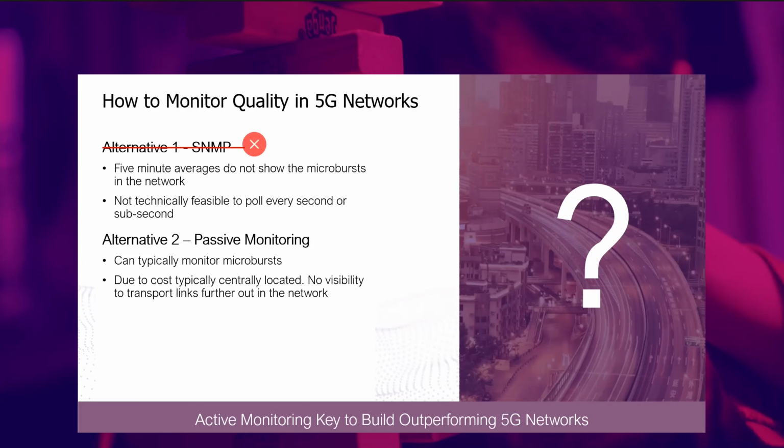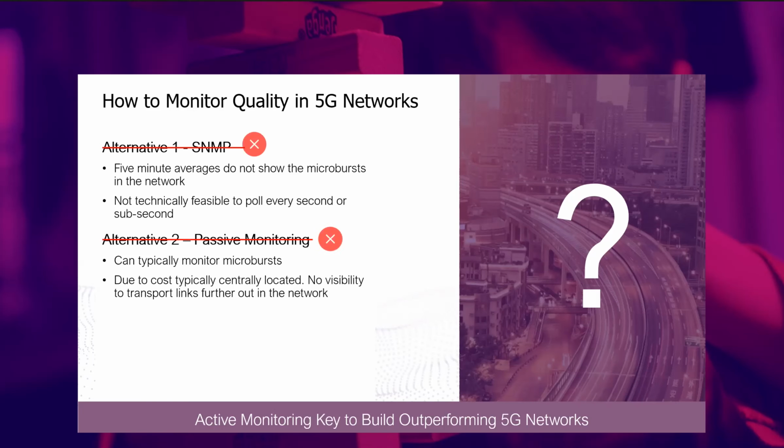But when we are talking about monitoring the health of transport networks, it unfortunately falls short, because passive monitoring solutions are quite expensive, and you typically deploy them centrally, and you have the visibility of the central big pipes in your network, but you really don't have the visibility out to the transport links further out in the network. So you don't really know how those bursts look at your transport links close to the end users.